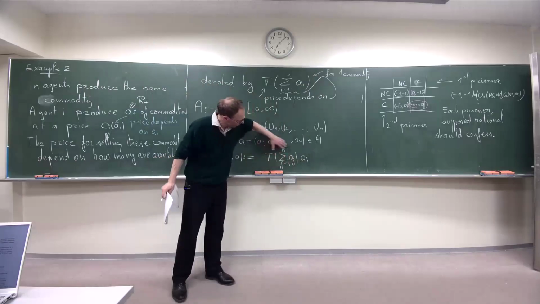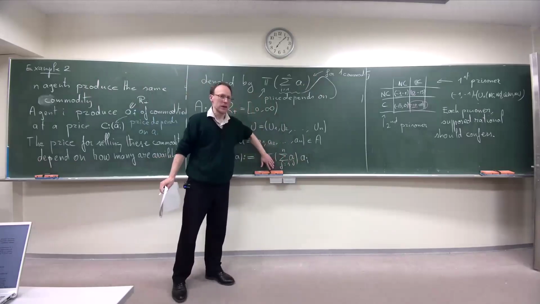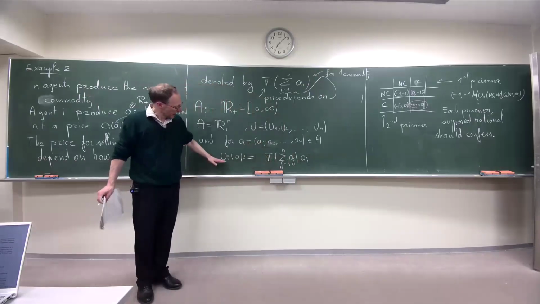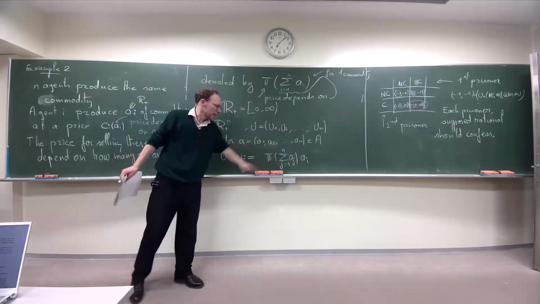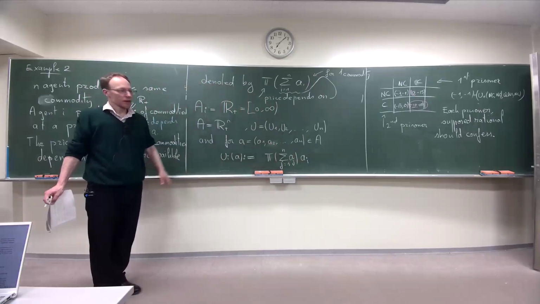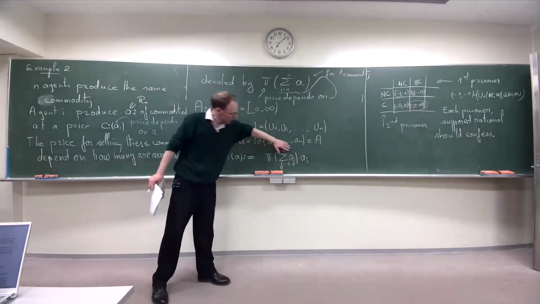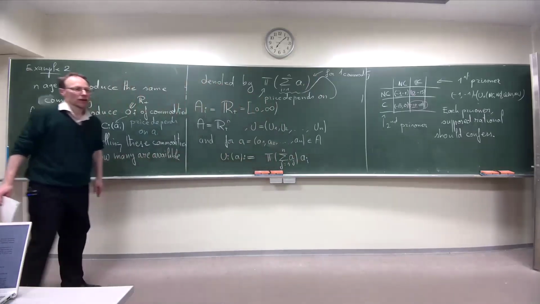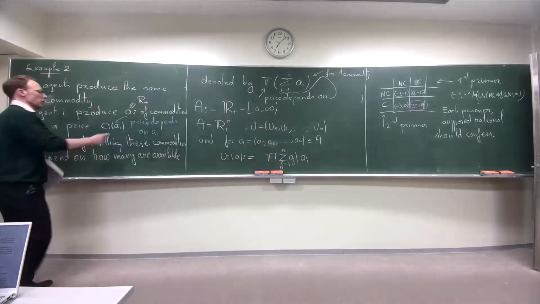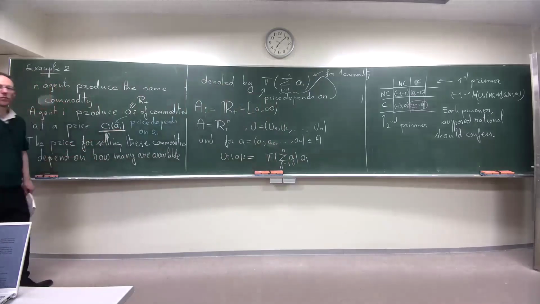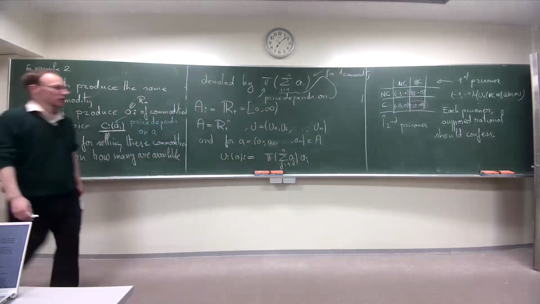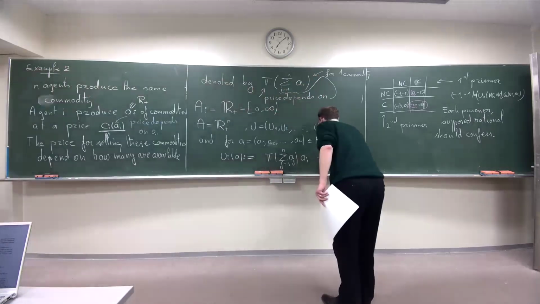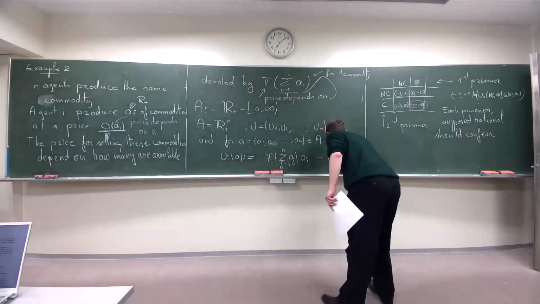This gives me the price per commodity. And the agent i has produced a_i of such commodities. So the money he can make is this, right? But now he also has to use some money for producing these commodities. So the money, or the payoff, is this.